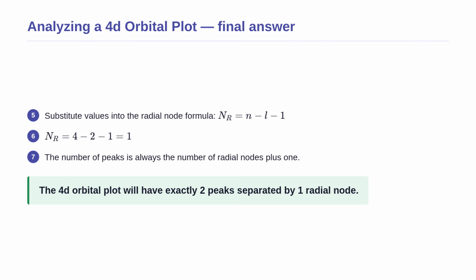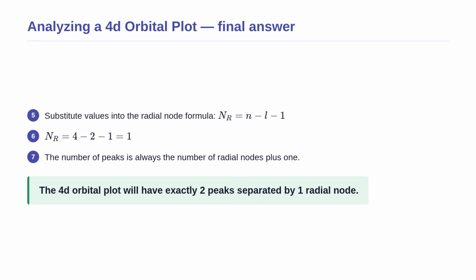Continuing with our 4d orbital, we substitute our quantum numbers into the radial node formula. We calculate n minus L minus 1, which is 4 minus 2 minus 1. This math reveals that a 4d orbital has exactly one radial node, meaning there is one spherical dead zone inside the orbital.